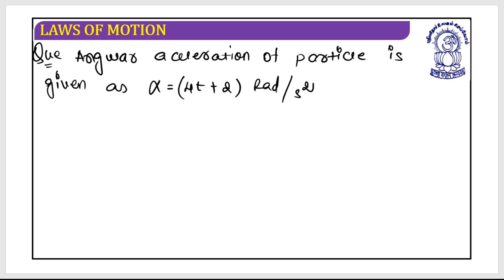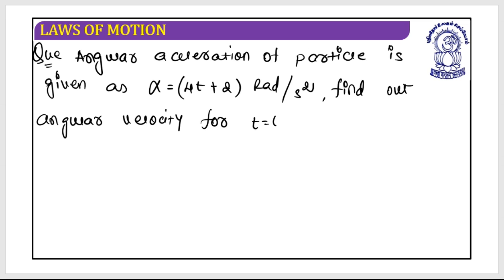Alpha is equals to 4t plus 2 radian per second square. Find out angular velocity for t is equals to 0 to t is equals to 3 seconds.